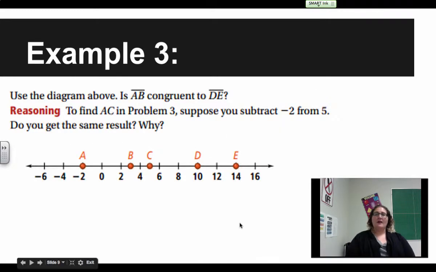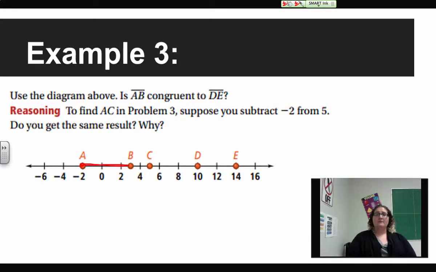Example 3. Use the diagram above. Is segment AB congruent to segment DE? Okay, so first I'm going to find AB, and DE.